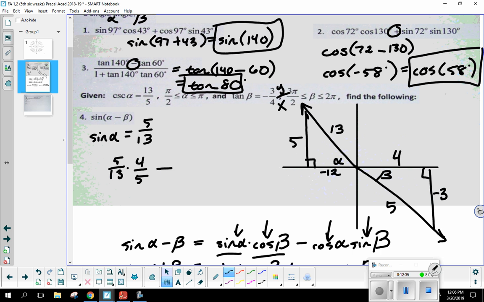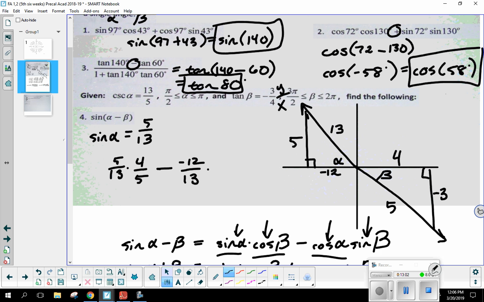Now I want cosine of alpha. Because it's alpha, I'm coming back over to this first triangle. Again, I want adjacent over hypotenuse. So what would that be here? 12 over 13. We're only missing one thing. There you go, negative 12 over 13. So that takes care of that one.